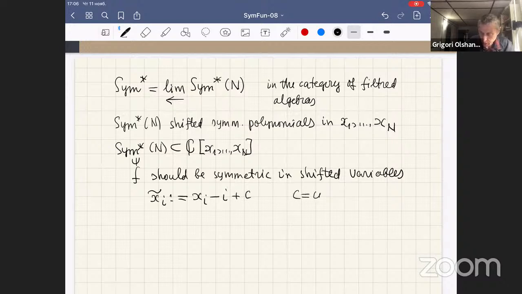C is a constant, and the value of this constant does not matter. We can choose it arbitrarily. The definition does not depend on this choice.